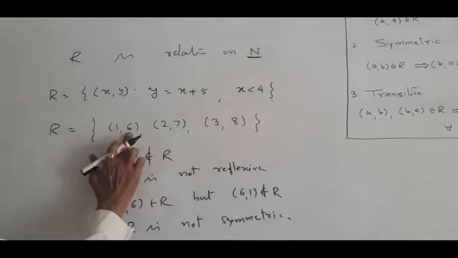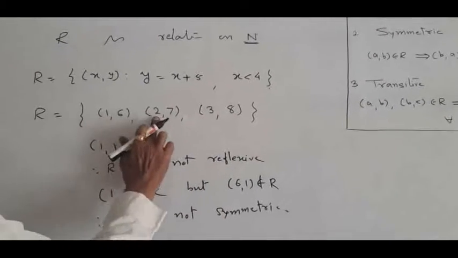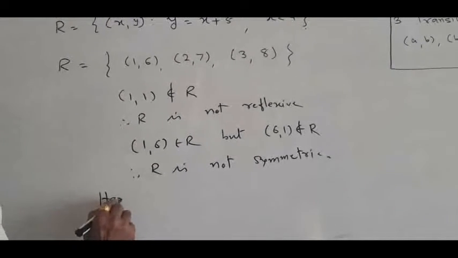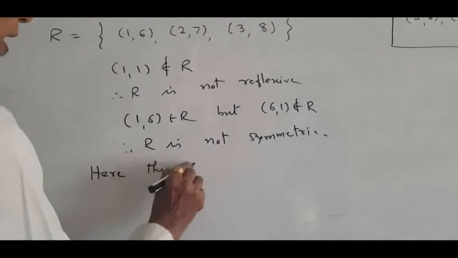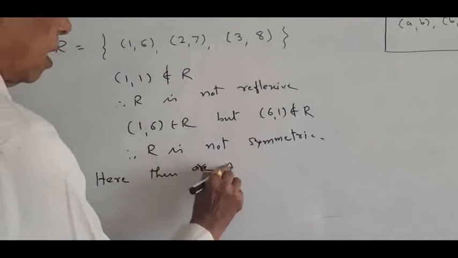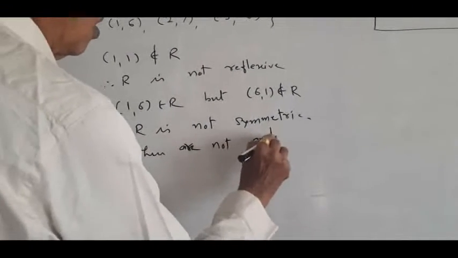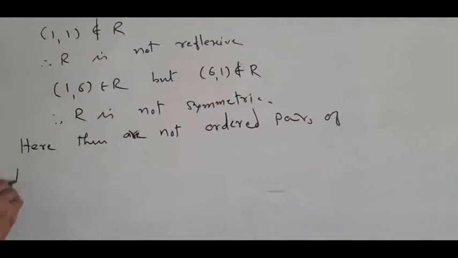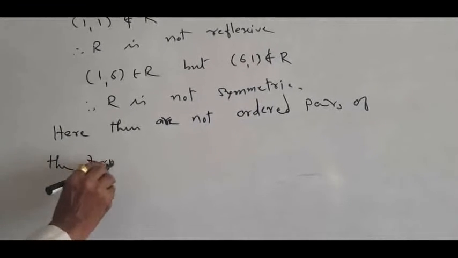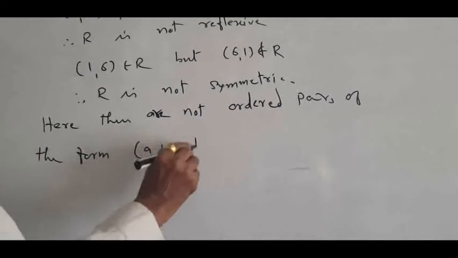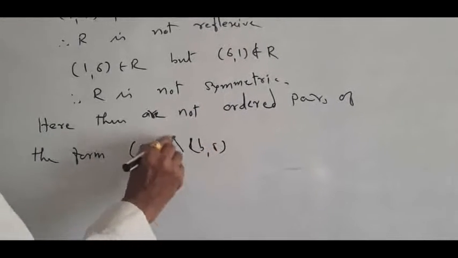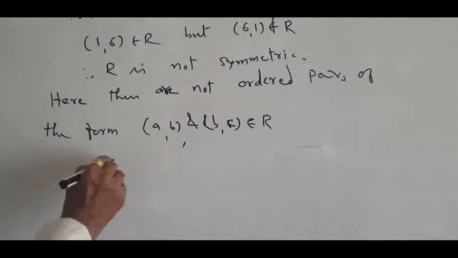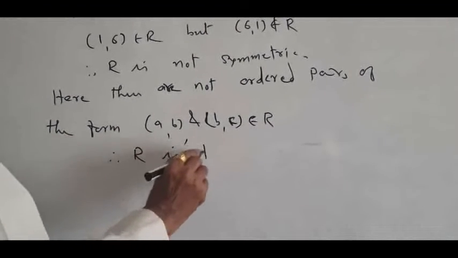Here 6 is not a first element in any ordered pair, and 7 is not a first element either. Therefore, there are no ordered pairs of the form (a, b) and (b, c) belonging to R. Therefore, R is transitive.